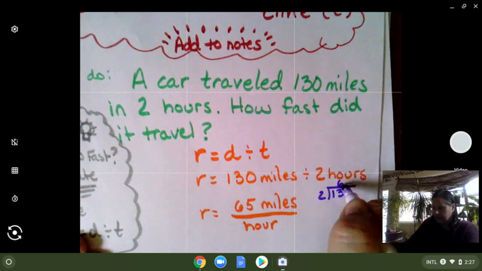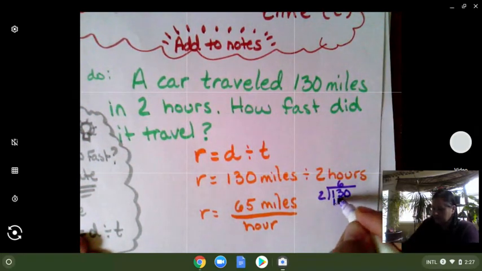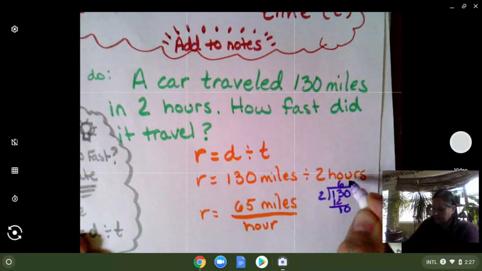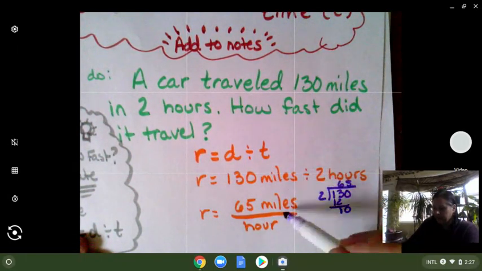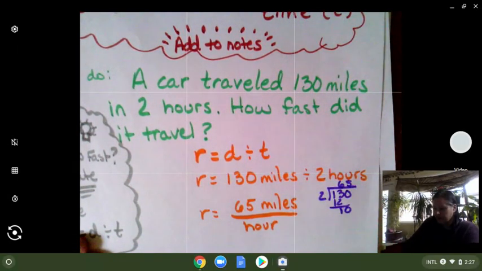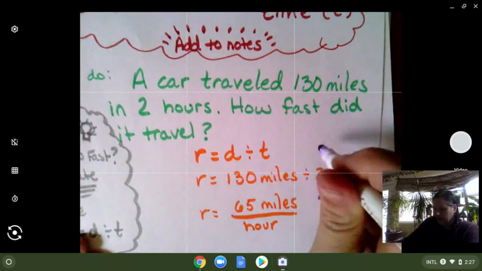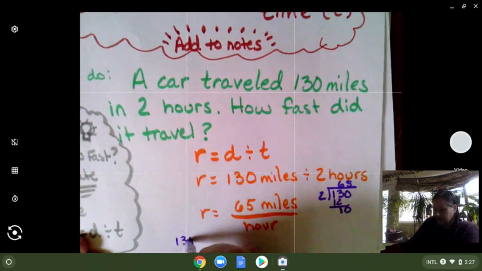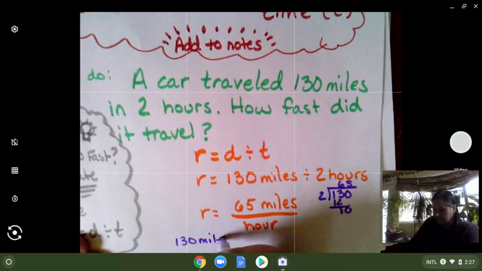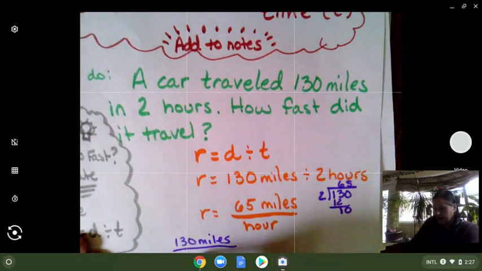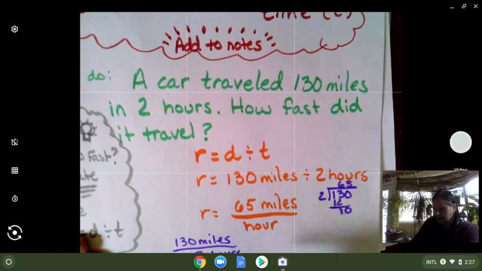2 fits in there 6, 2 fits in there 5. So we get 65 miles per hour. So another way to look at that would have been to write it as 130 miles divided by 2 hours.